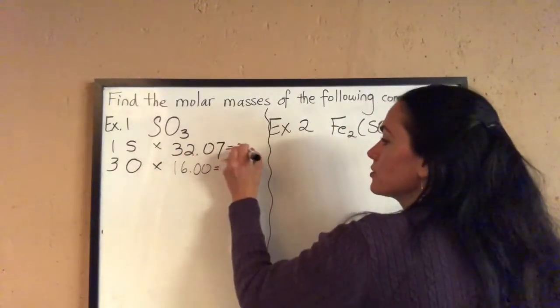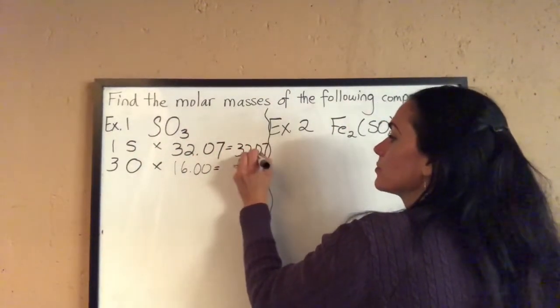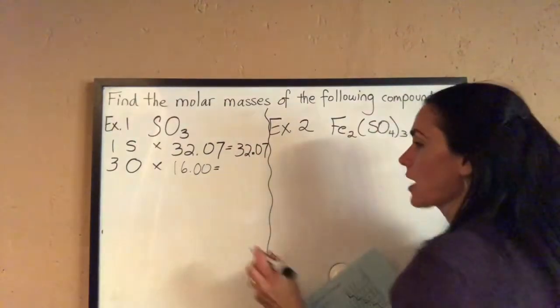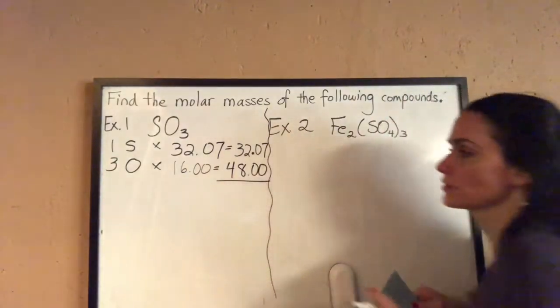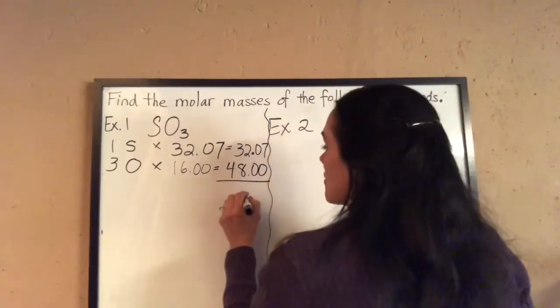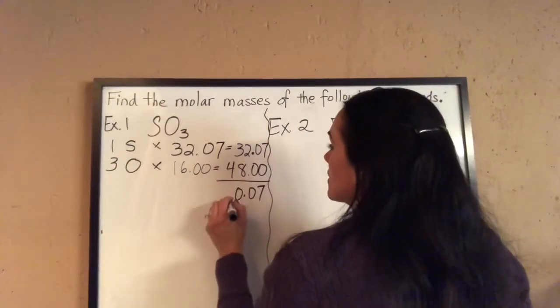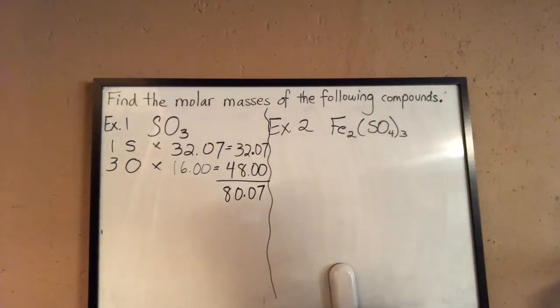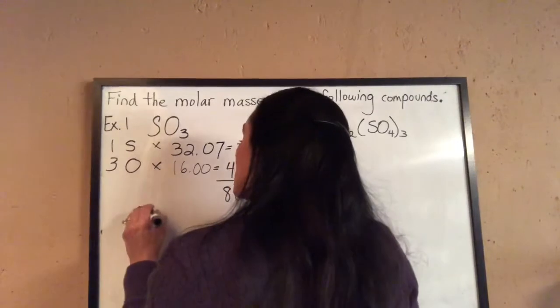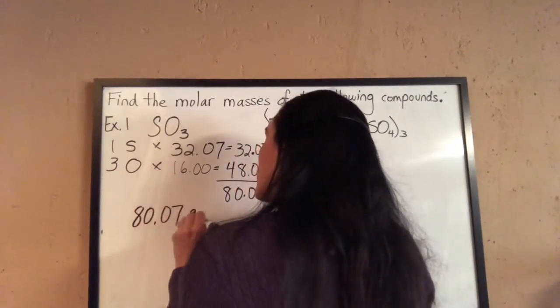One times 32.07 is 32.07. 3 times 16 is 48. We need to add those 2 numbers together. You get 80.07. The molar mass would be 80.07 grams per mole.